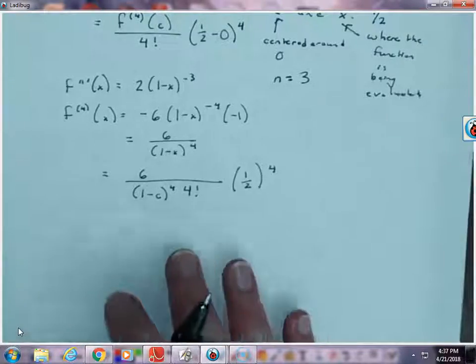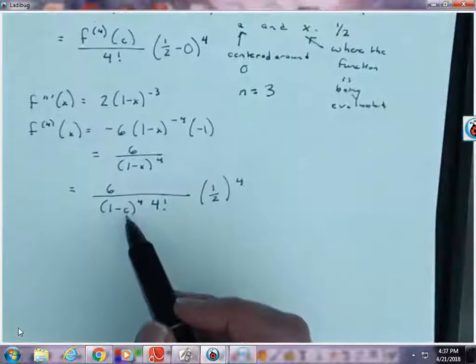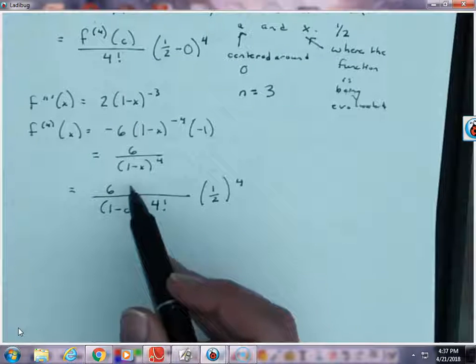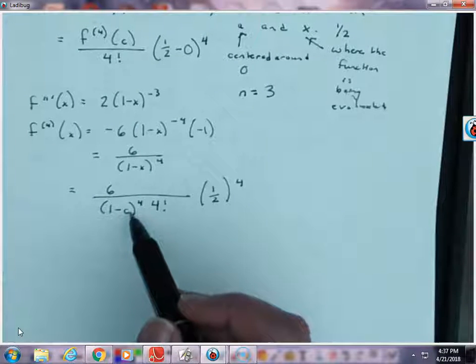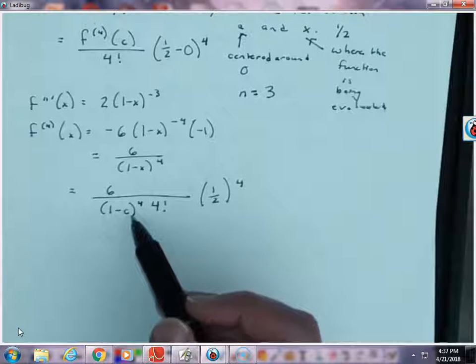Okay, so if we think about this, c is supposed to be something between 0 and 1/2. If I put in 0, then I would be dividing by 1, so that wouldn't change it at all. If I put in 1/2, I would have 1 minus 1/2, which is 1/2. I'm going to raise that to the 4th. Okay, so 2 times 2 is 4, times 2 is 8, times 2 is 16. So I would be dividing by 1/16, which is the same as multiplying by 16.